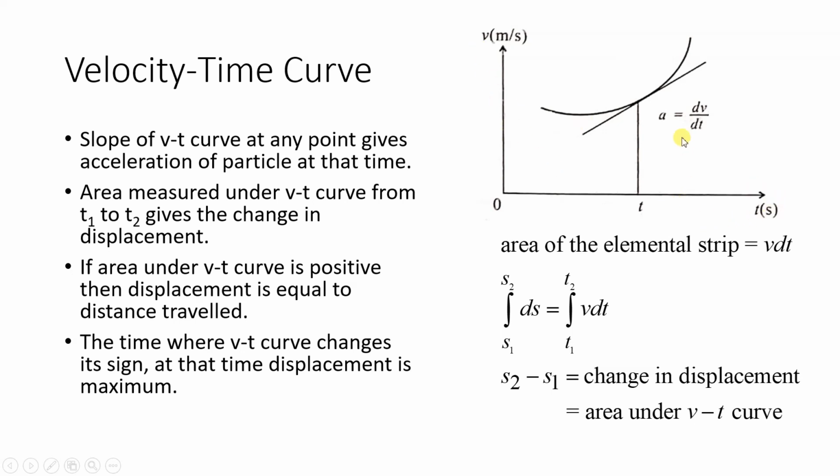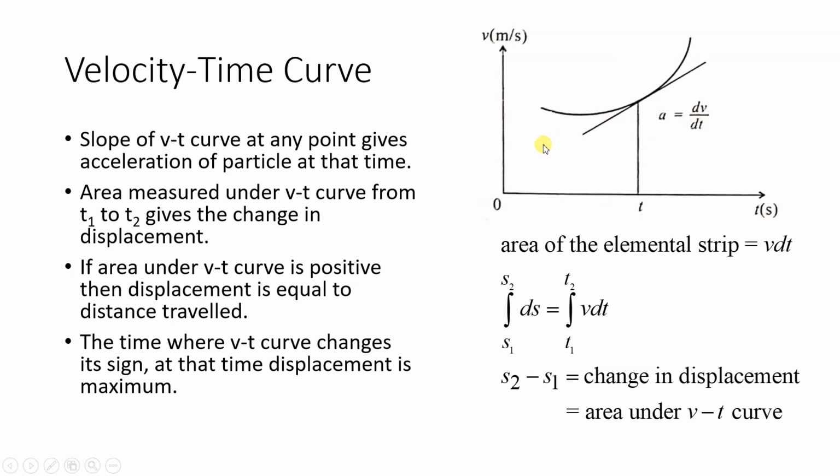What is dv by dt? Acceleration. So the same thing is written here: slope of the velocity time curve at any given point gives the acceleration of the particle at that time. Here time is given on the x-axis, so at that time, what is the acceleration? That we can find out.